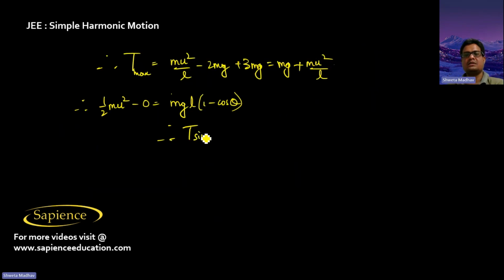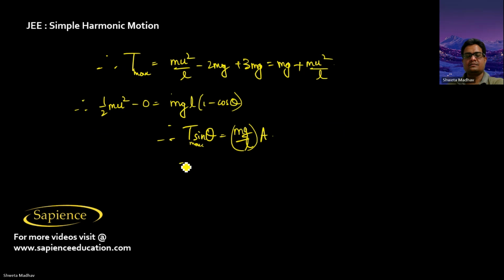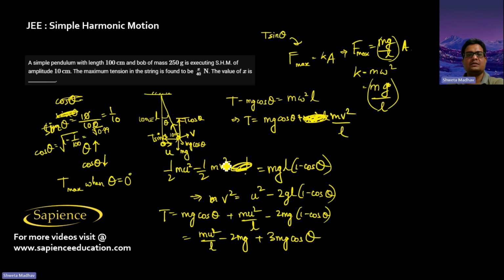So now T sine theta, which is the maximum tension into sine theta, is equal to mg by L into A. Sine theta is 1 by 10.